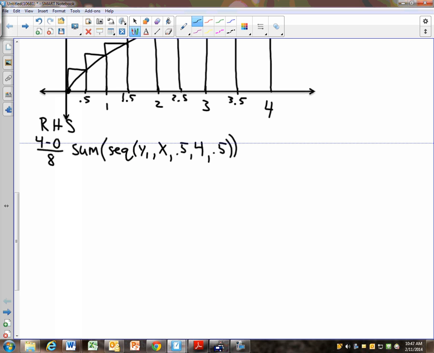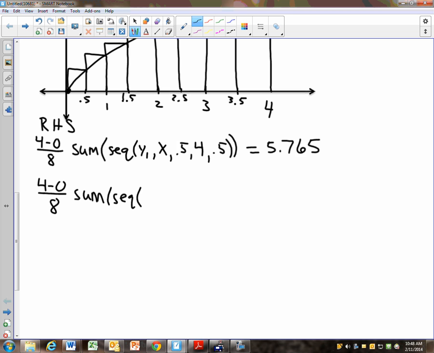Everybody get it? Don't clear it. Okay, keep it there. Now, if you're doing the left-hand sum, my width is still 4 minus 0 divided by 8 times the sum of the sequence of y1, comma, x, comma.